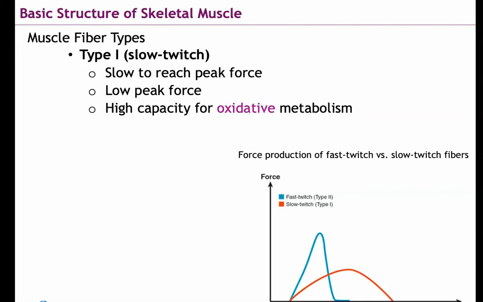So we can't produce a lot of force with type 1s. They are not very strong fibers, but they do have a high capacity for oxidative metabolism, which means they rely on aerobic metabolism for energy. So let's talk about why that is. Why are they oxidative? Type 1 fibers have greater capillary densities. The capillary beds inside a type 1 fiber have more capillaries, which means more blood flow, which means more oxygen delivery. And they have a high myoglobin content.